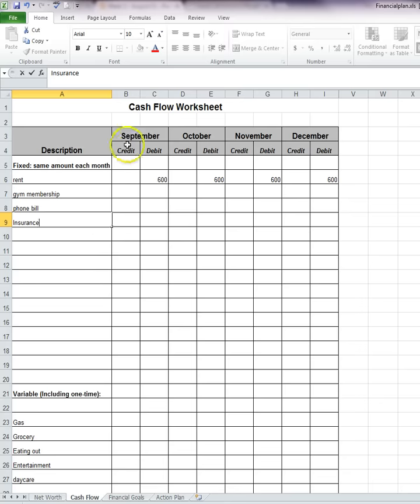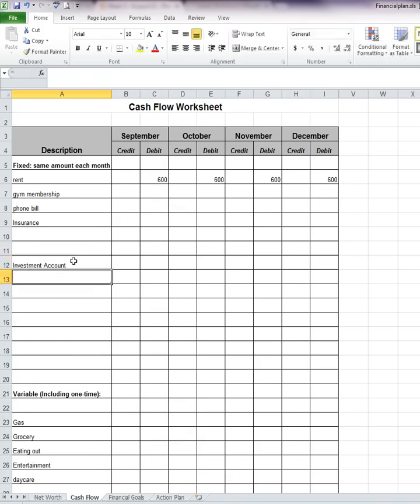And again, why is this worksheet important? Because it helps us answer the question, where does my money go? We need to know that because we need to figure out where we can start saving some money on these expenditures so that we can add up here that you are now having an expense to your investment account.